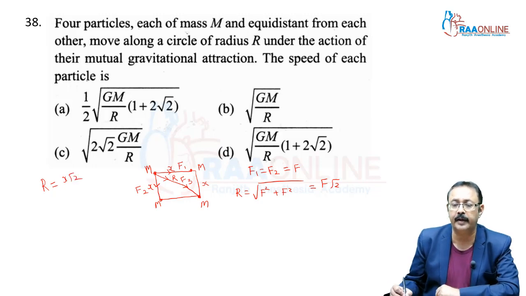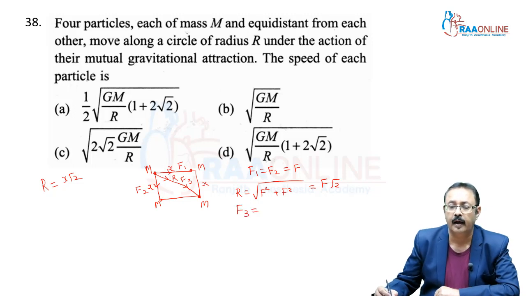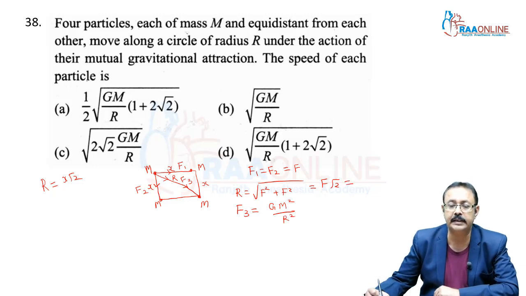So this whole particle will put a force F3, so F3 should be equal to G m1 m2 divided by r square. And what is F? F is equal to G m1 m2 upon x square. And what is x? x is r by root 2.